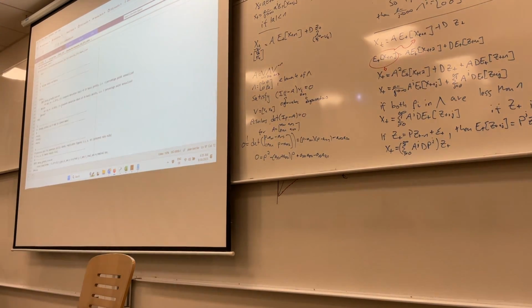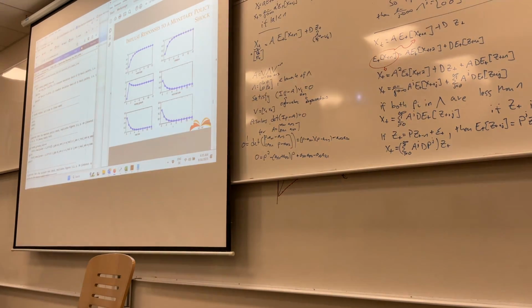First thing we want is IRF 12. The output gap, then I want inflation, then I want money growth in a minute.